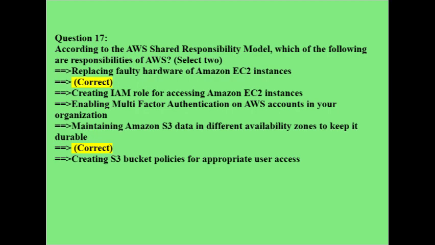Option: maintaining Amazon S3 data in different availability zones to keep it durable. Option: creating S3 bucket policies for appropriate user access. Hence correct answer is Option: replacing faulty hardware of Amazon EC2 instances. Option: maintaining Amazon S3 data in different availability zones to keep it durable.